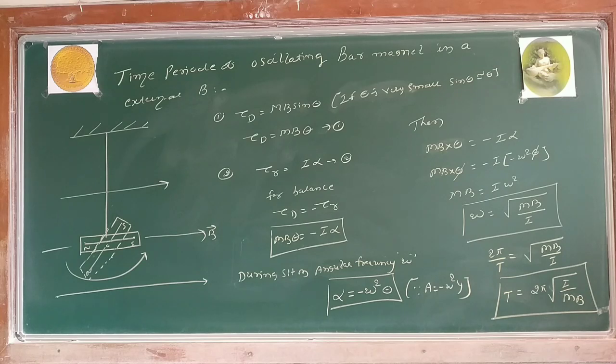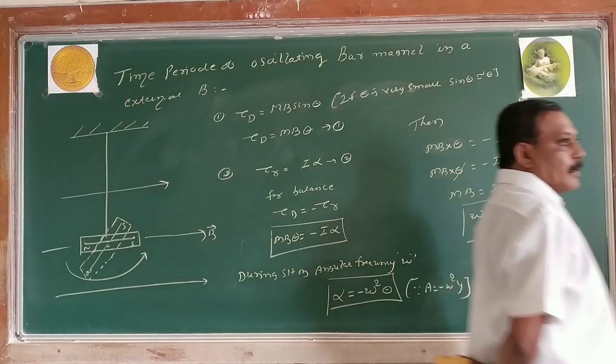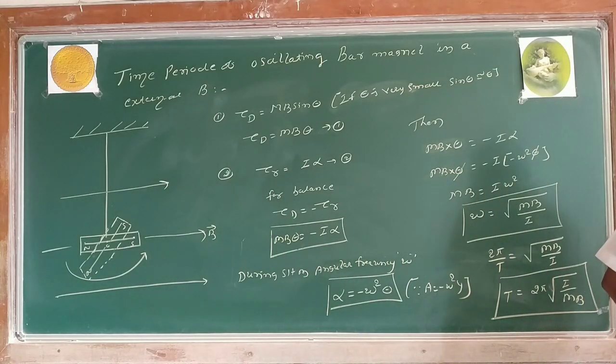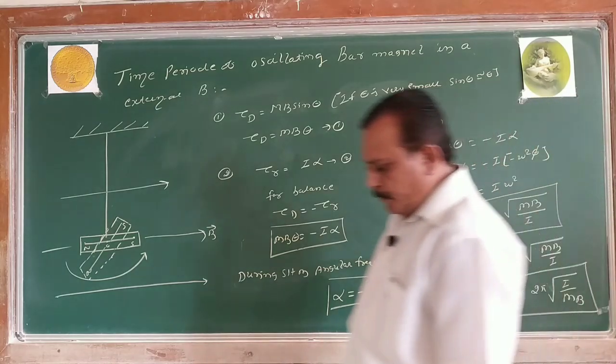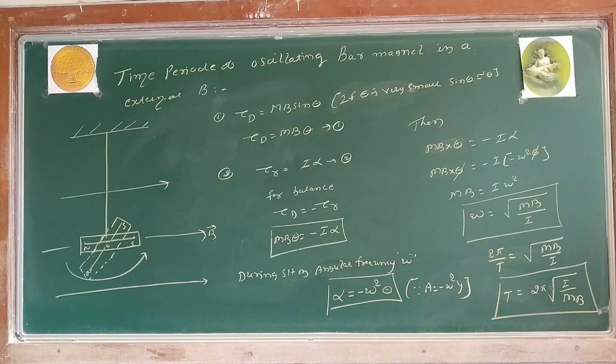Then I come across the torque on a bar magnet in the region of uniform magnetic field. Is it clear? Shall I go for the expression for torque?